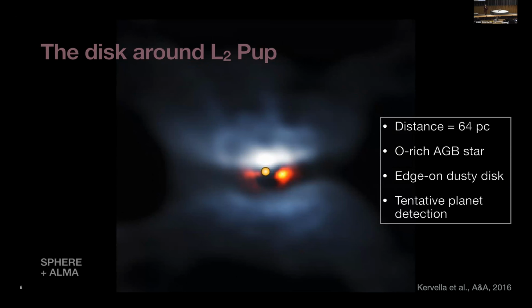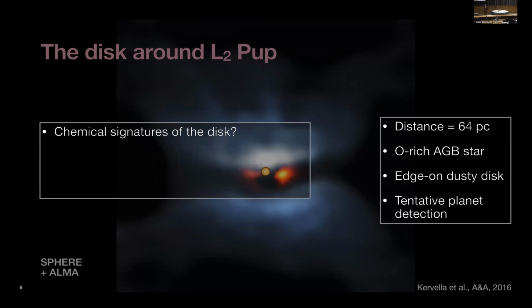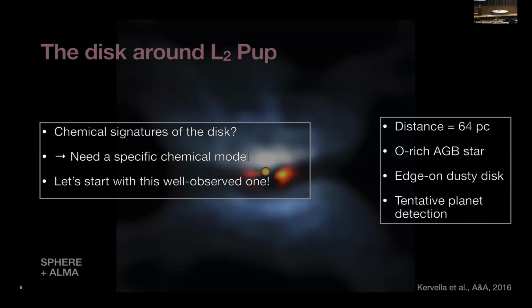And if you then are a bit more chemically inclined, like I am, you might wonder whether there's any chemical signatures of such a disk. And for this, we will need to develop a new model, because a one-dimensional model is clearly not suited for this environment. And when creating such an AGB disk model, why not start with modeling this well-observed disk around L2 Puppis?